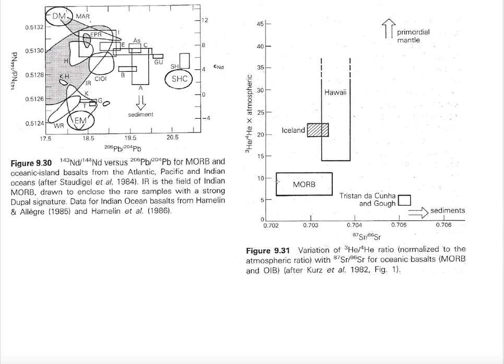Then in stippled line the Iceland, then we have here the Middle Ocean Ridge, and here the Tristan da Cunha, and here you are going now close to the sediments, yeah? And that is then important, the use of all these different isotopes, to figure out the geotectonic history from your rock samples.